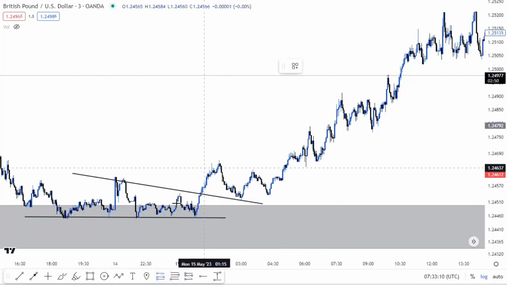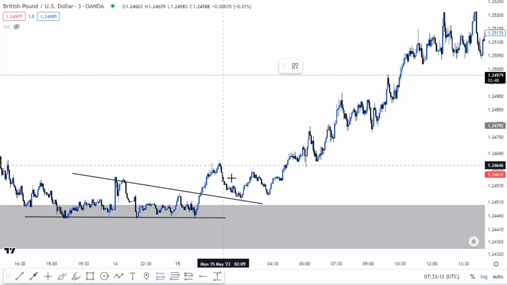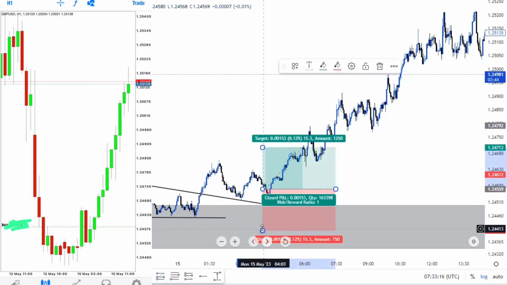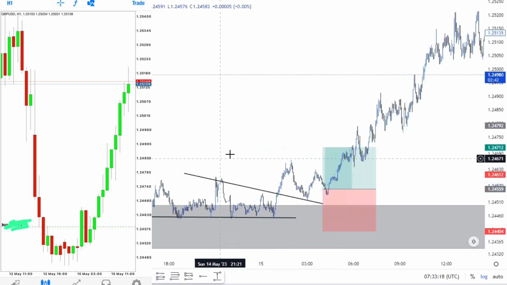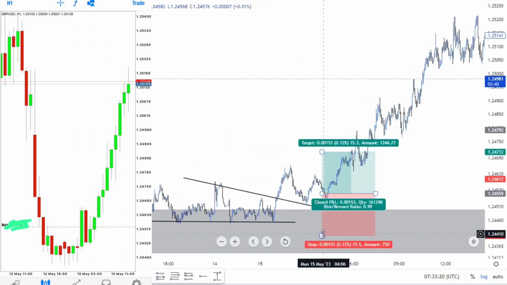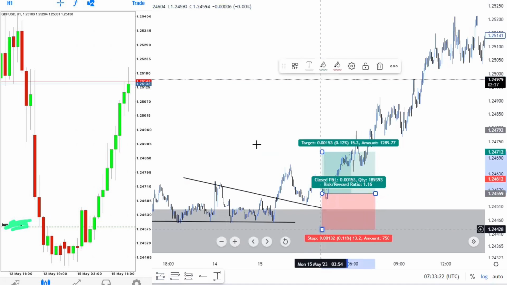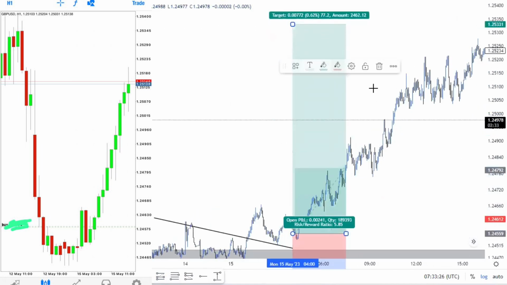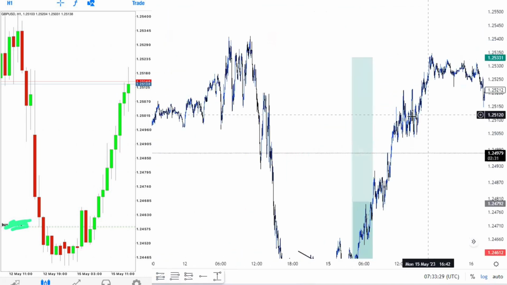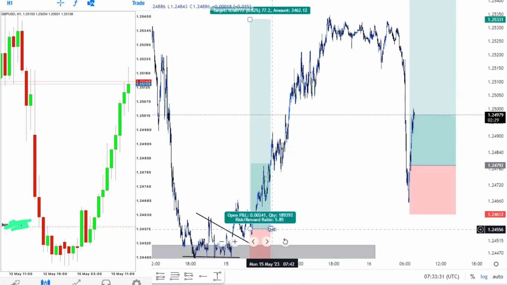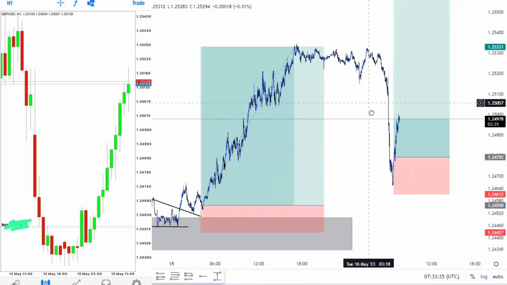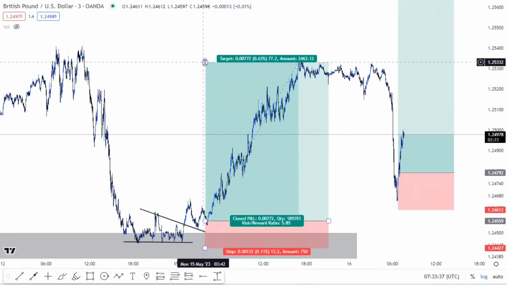After the breakout and the retest, I took my trades somewhere around here, and my stop loss was just slightly below the low. My stop loss was around 130 pips, I think I remember, and I was targeting about 70 pips or thereabout. So this was it, guys, and we had our TP smashed.